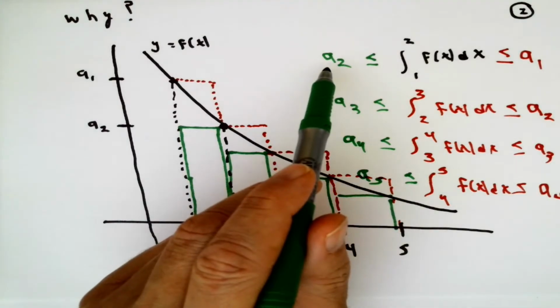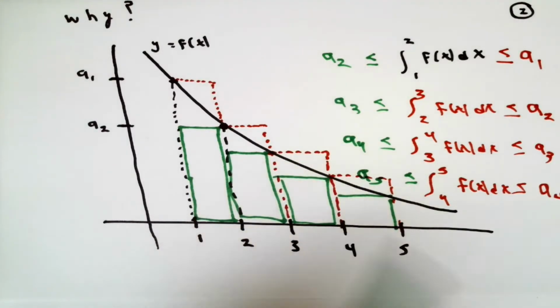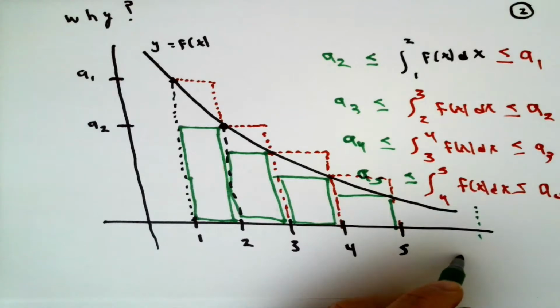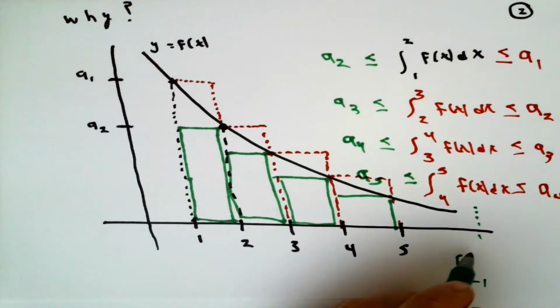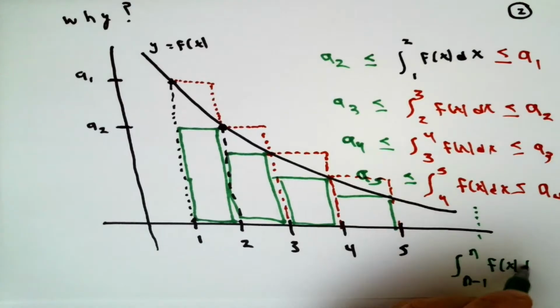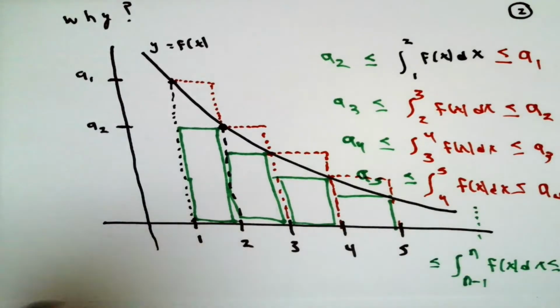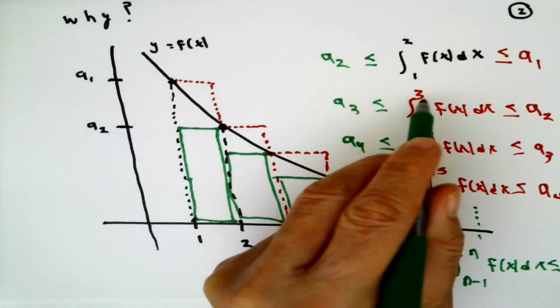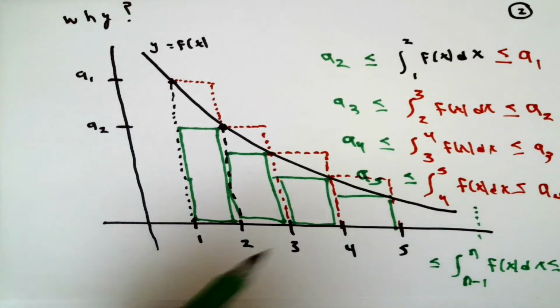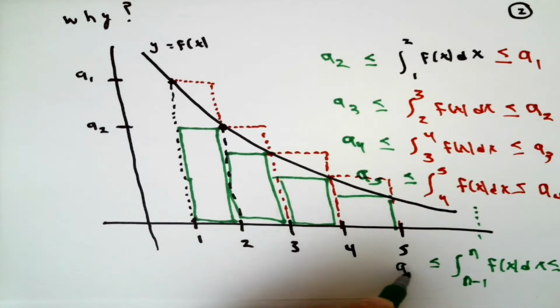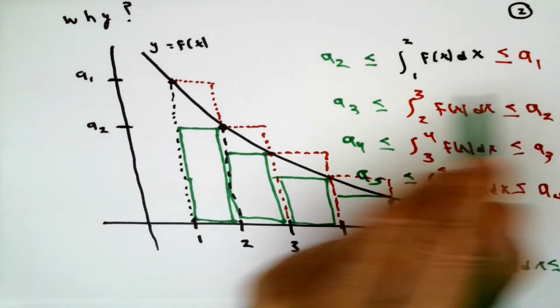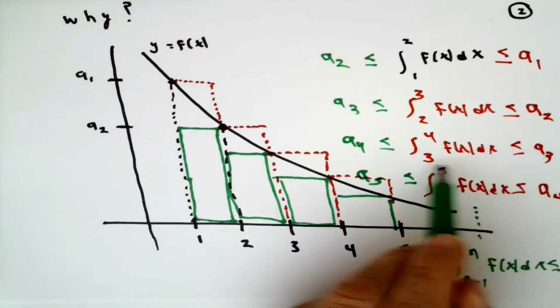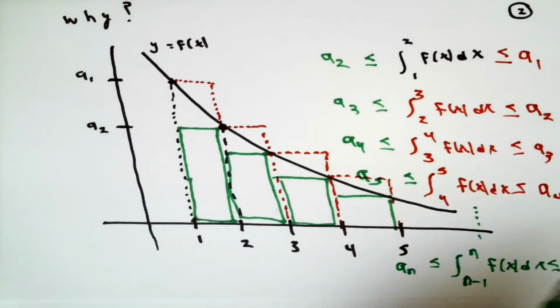If I add these, a_2, a_3, a_4, and a_5, and continue this process until integrating from n minus 1 to n of f of x dx, this will be bounded by two sums: a_1 through a_{n-1} below and a_2 through a_n above.